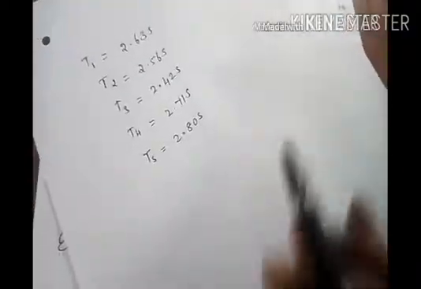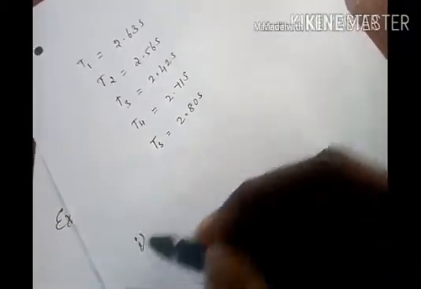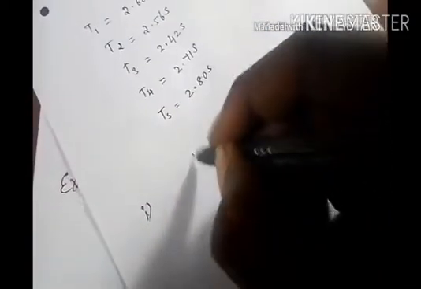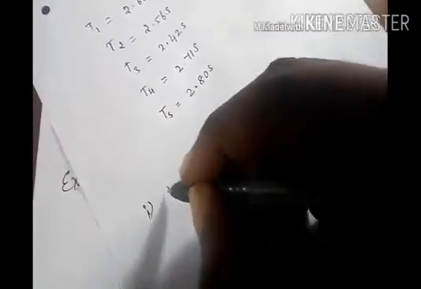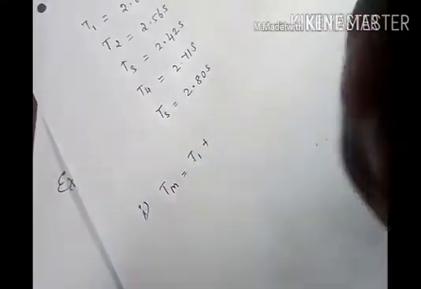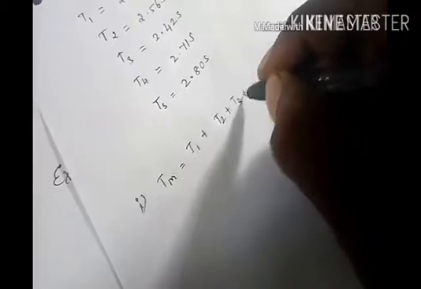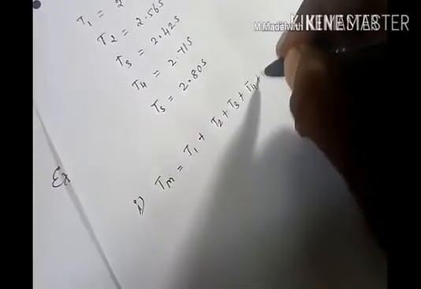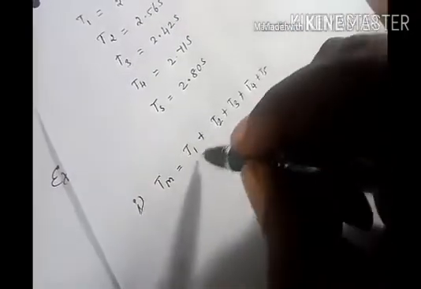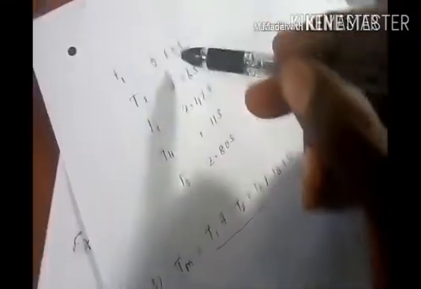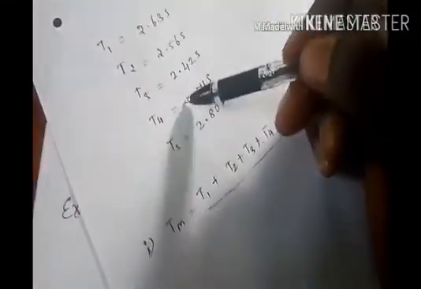How will you find out this mean value? Just add all these values. The mean value of the time period of oscillation is equal to t1 plus t2 plus t3 plus t4 plus t5 divided by the number of trials. Here the number of trials is 1, 2, 3, 4, 5.